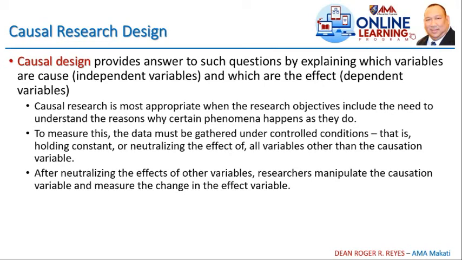To measure this, the data must be gathered under controlled conditions, that is holding constant or neutralizing the effect of all variables other than the causation variable. After neutralizing the effects of other variables, researchers manipulate the causation variable and measure the change in the effect variable.